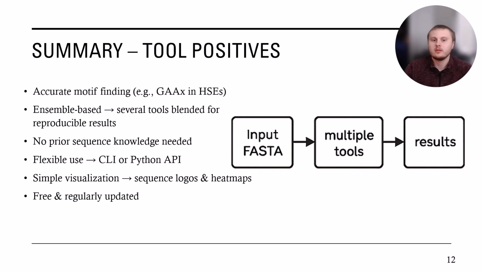Now, it uses an ensemble-based approach to find these motifs, which basically means that it's using a variety of different tools to come up with the results, which makes the results that much more reliable. And of course, the way it works is it looks for patterns.